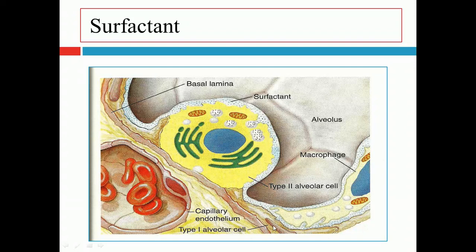This is the type 1 alveolar cell and this is the type 2 alveolar cell. The type 2 alveolar cell is a specialized cell which can produce surfactant and line the other alveoli. Only about 5 to 10% of alveolar cells are type 2, while 90 to 95% are type 1. Just remember that.